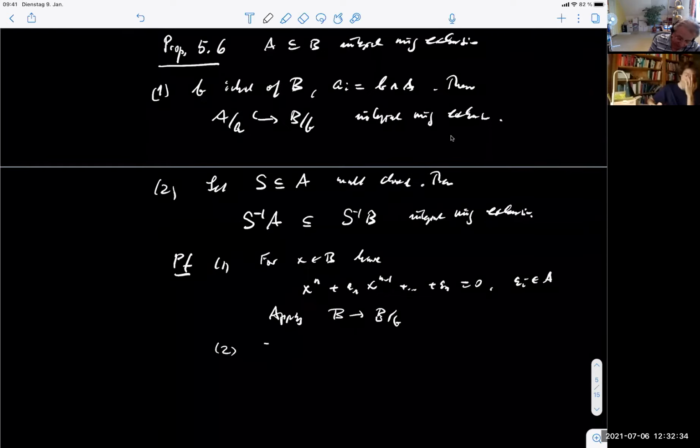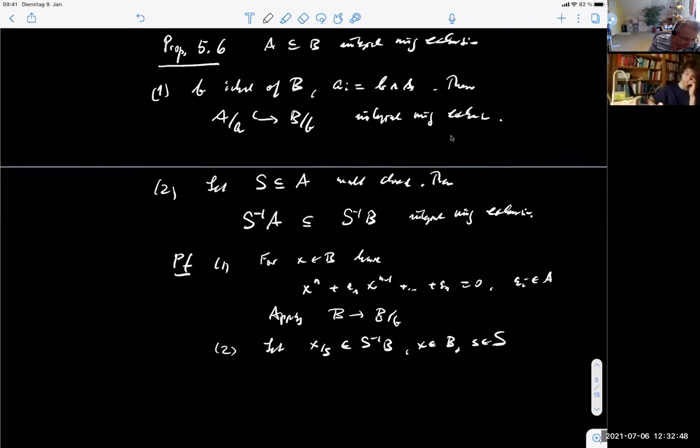Then for the second property, I take a general element of the localization, s to the minus 1 times x, so x is in B and s is in capital S. Then x is integral, so I use this equation that I have for x.